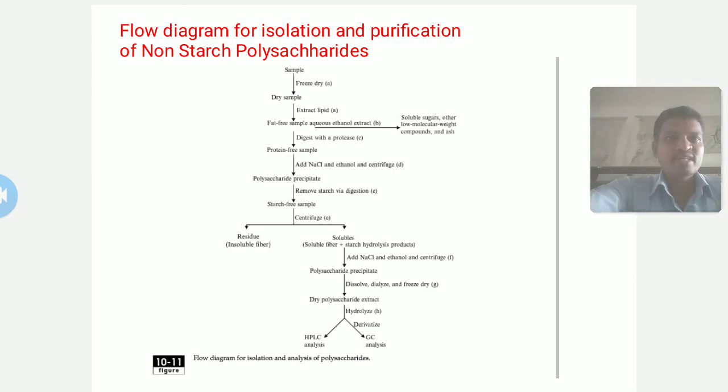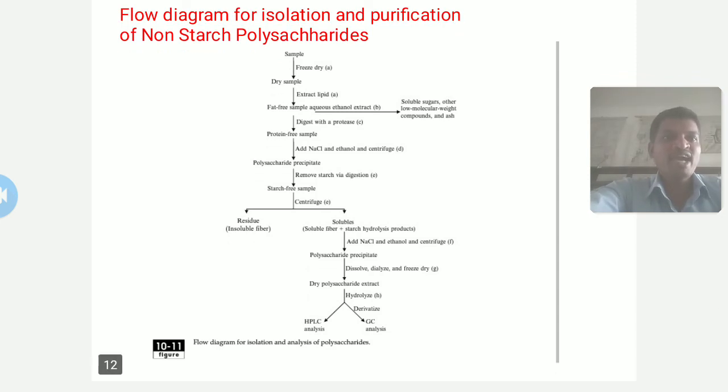Okay, so what is the procedure here? Let us see. The sample is taken, then it is freeze dried. Then from this dry sample of food, lipid is extracted first, which means lipid is removed from the food sample.